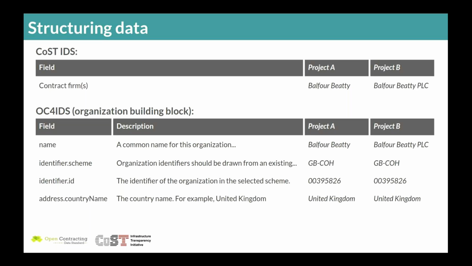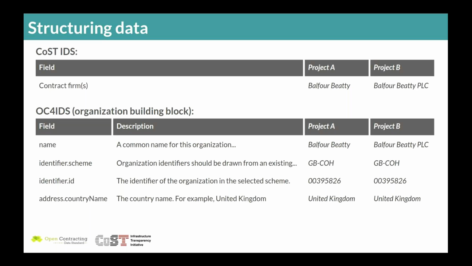So if you provide identifiers for organisations, this gives users the ability to rely on the unique identifier to say that the firm involved in project A and project B are the same, rather than giving users the problem of trying to work out who the organisations are just by using their name.